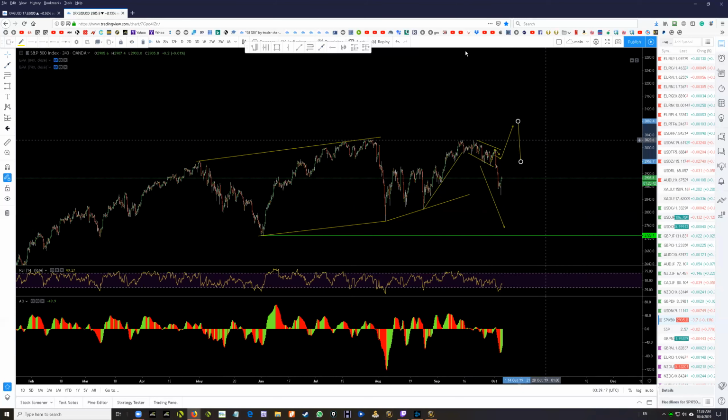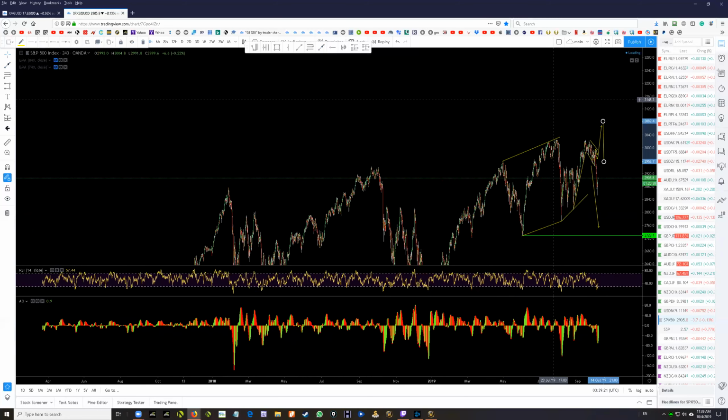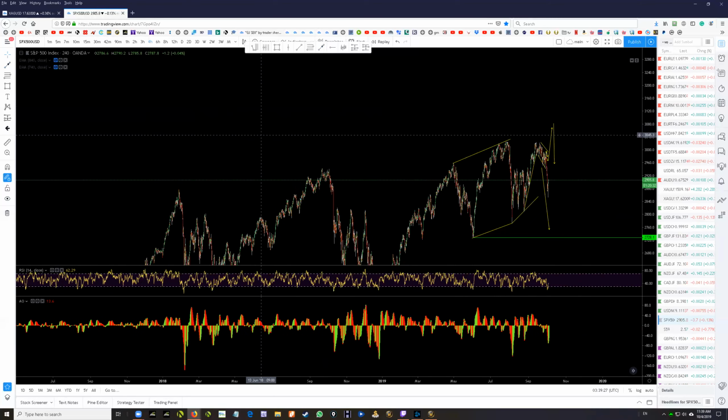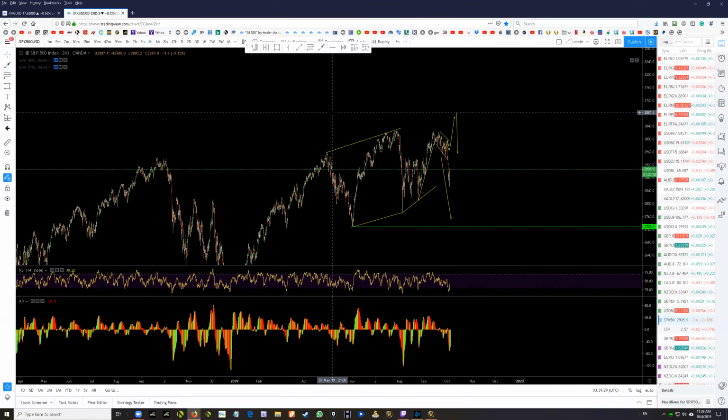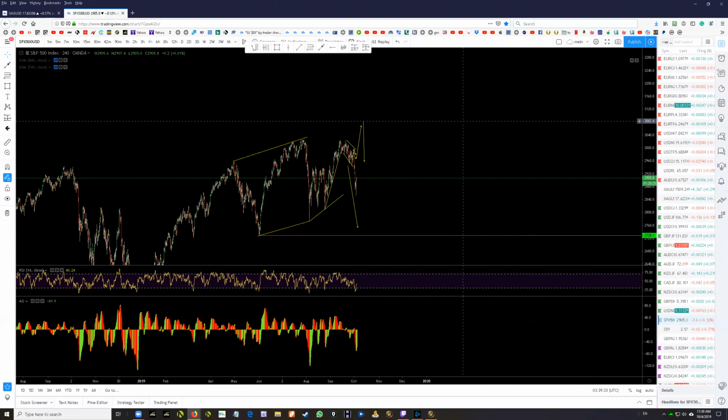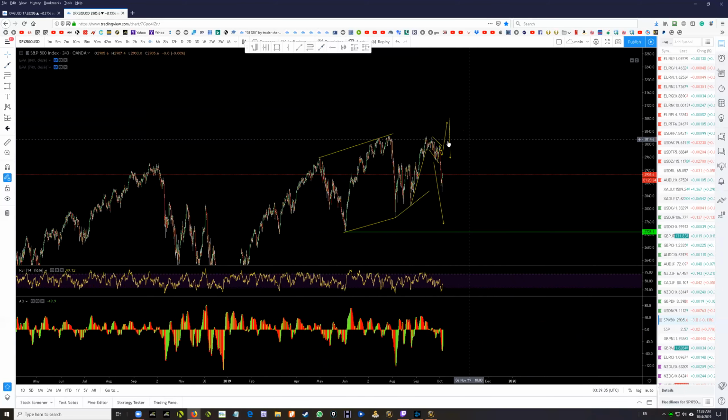Over here is the scary part, because there's not much structure if you look on the left side. This looks like outer space. So it's not a good idea to try this.